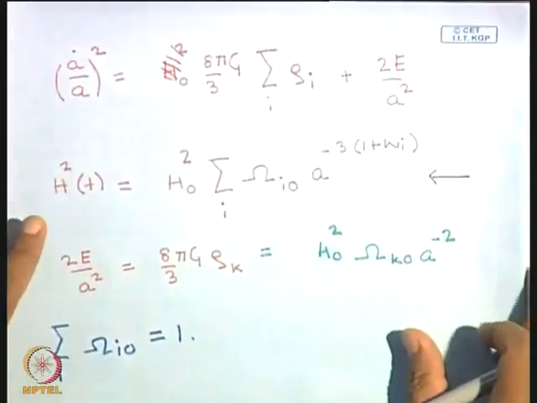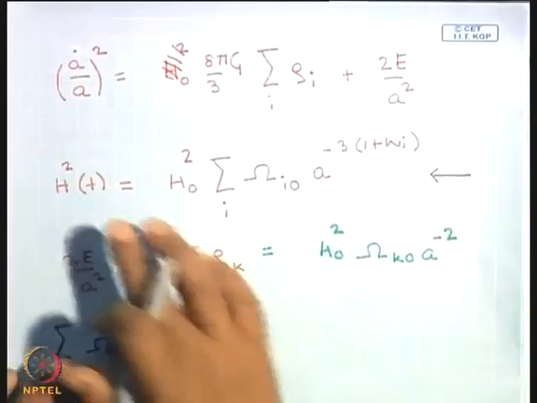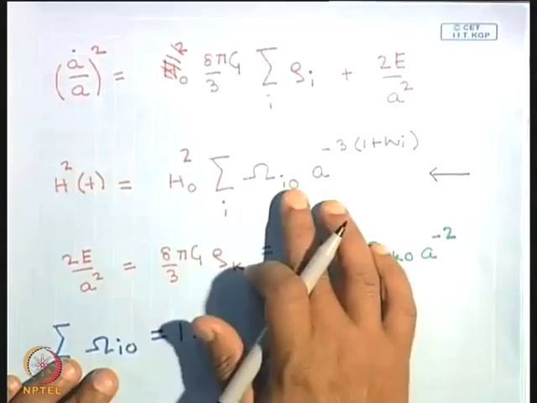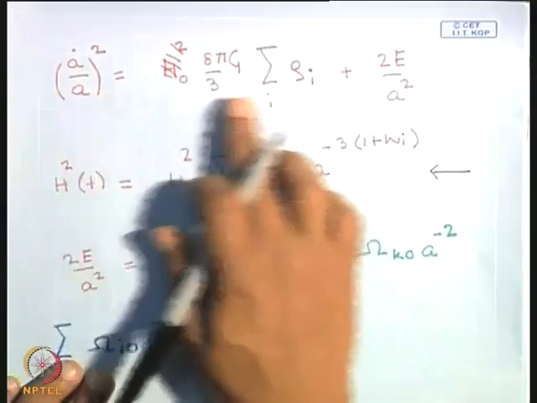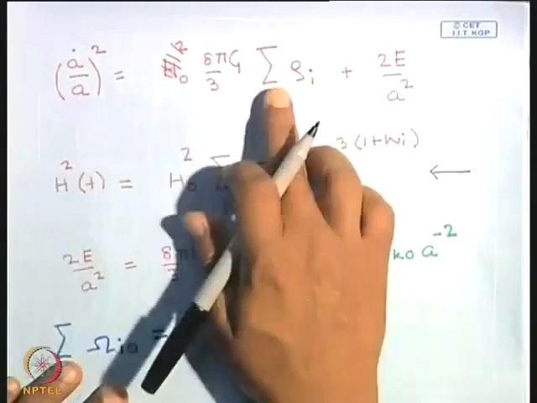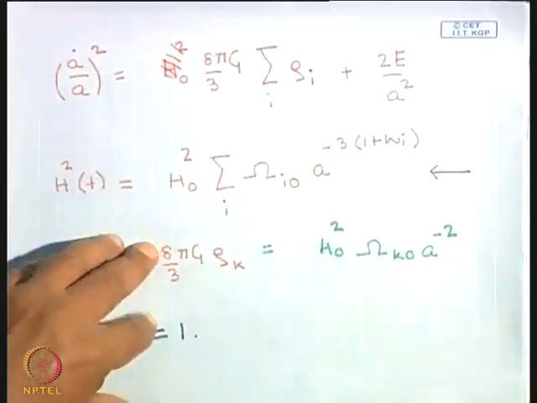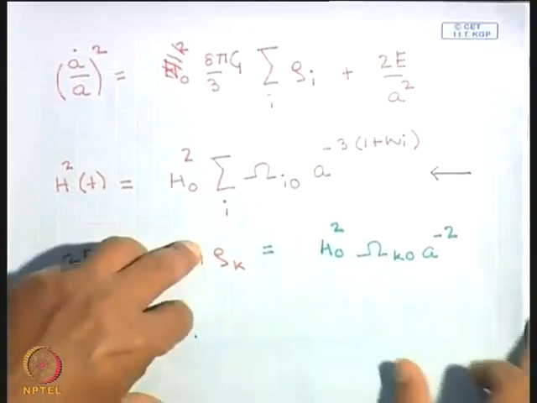Now let us consider briefly the possibility that our universe has a combination of all four of these. So the equation that governs the expansion of our universe is essentially this, and it has a combination of all four of these.